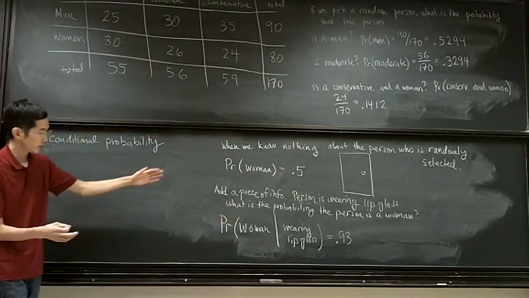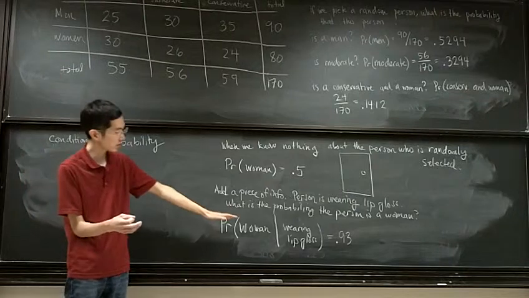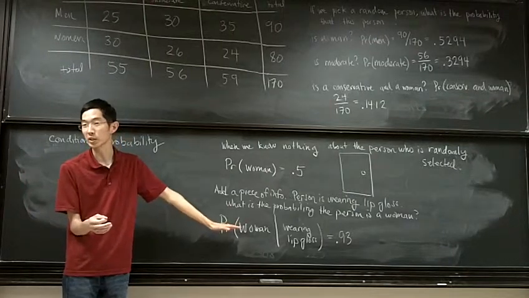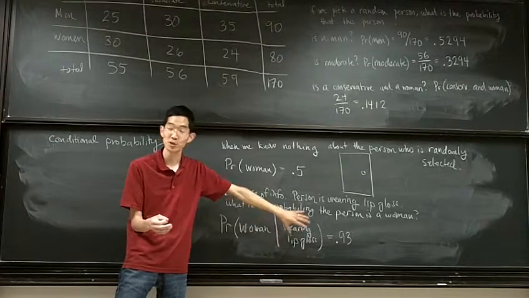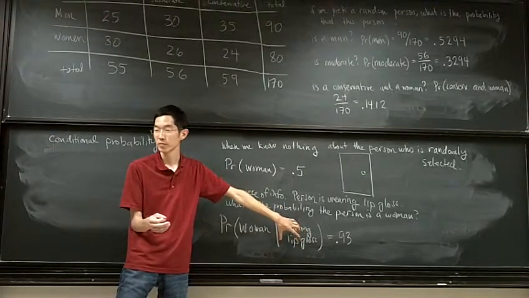So this is known as the conditional probability, because we are including a condition. The condition is this person is wearing lip gloss.